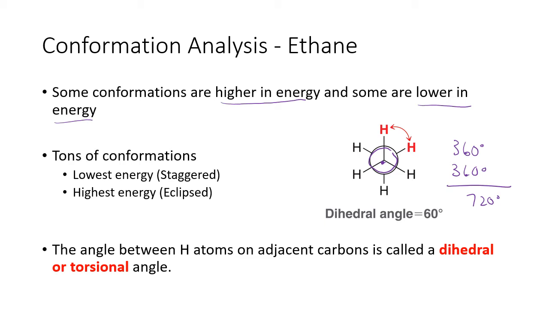Now, most of them are unimportant. The ones we're going to focus on primarily are the staggered conformation, which is the lowest energy, and the eclipsed conformation, which is the highest energy.